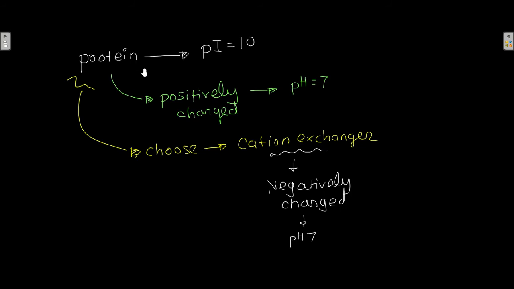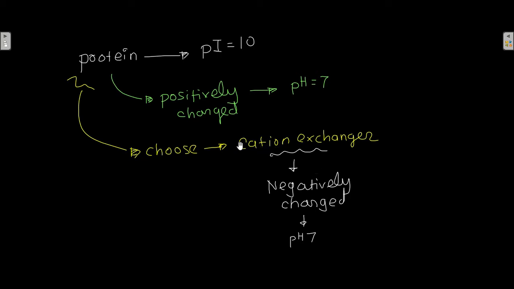Consider a protein who has isoelectric point of 10. Okay, now because of this, the protein will be positively charged at pH 7. Okay, so you will choose a cation exchanger which is negatively charged at pH 7. Okay, so cation exchanger is negatively charged.